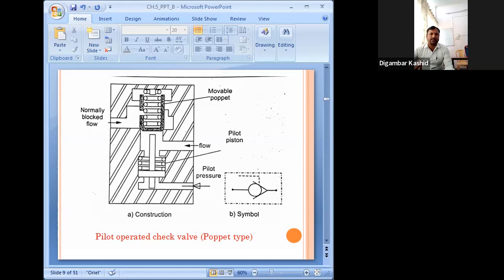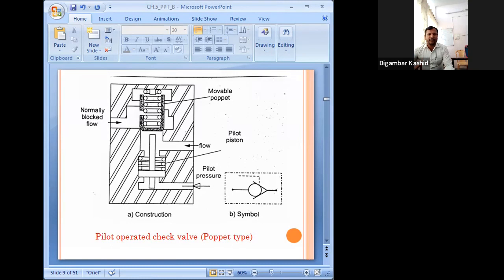From this one flow will come here. And the normal blocked flow is there. Here it is not possible to take fluid inside, but flow will come from this one.